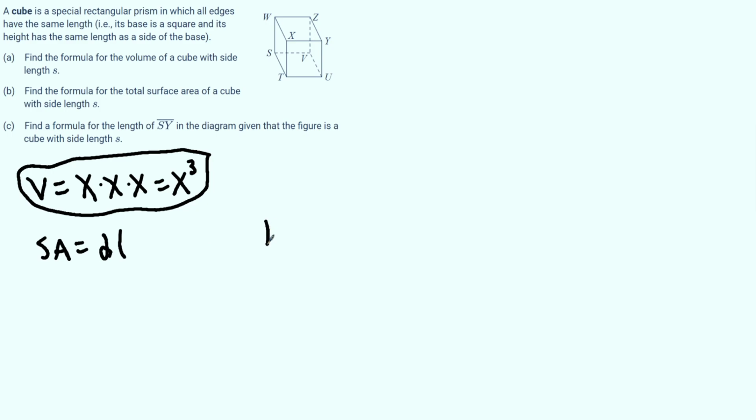So we have 3 pairs of opposite faces. WZSV and XYUT would be one pair. Another would be WXTS and ZYUV. And then we would have WXYZ and STUV. Each of these, since they have the same dimensions, has an area of x squared.